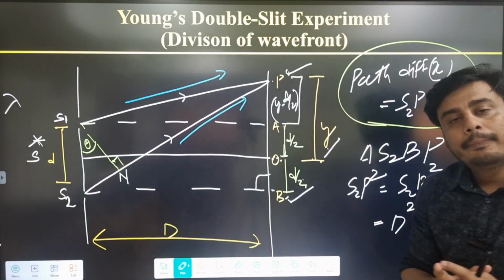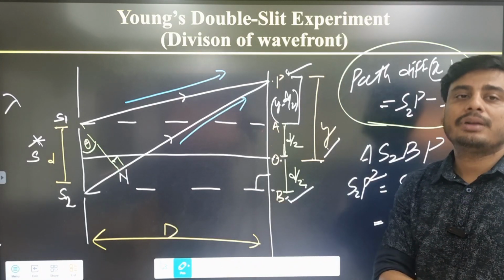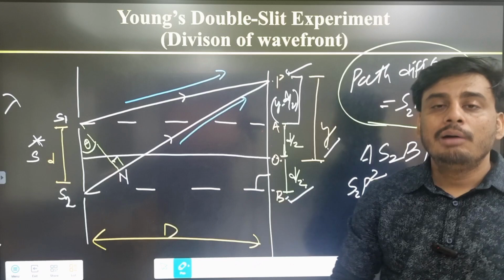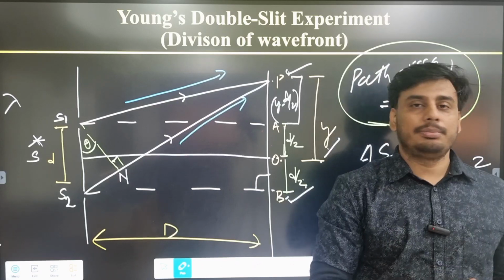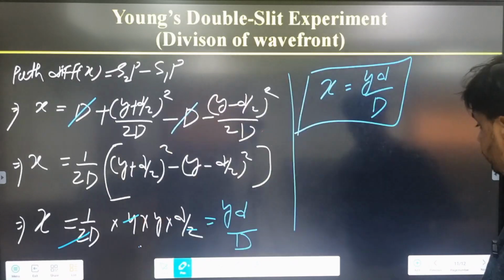But we know that path difference conditions we have. For constructive it must be an even multiple of lambda by 2. For destructive it must be an odd multiple of lambda by 2. So now we have to use those conditions.